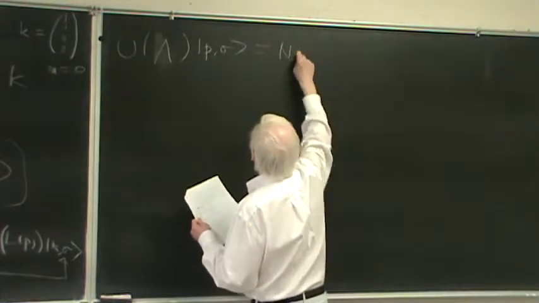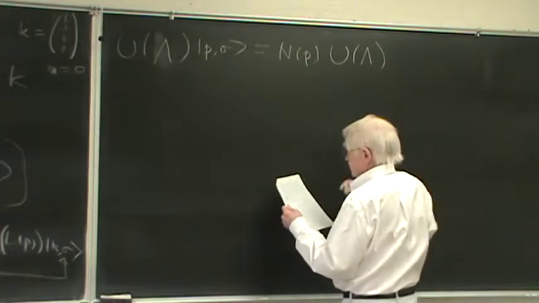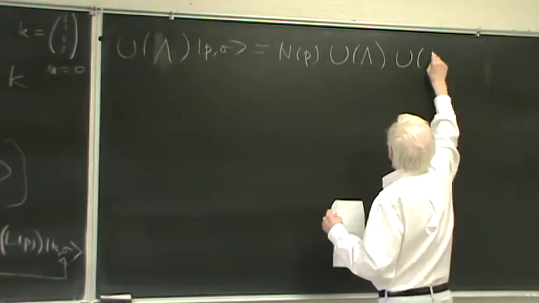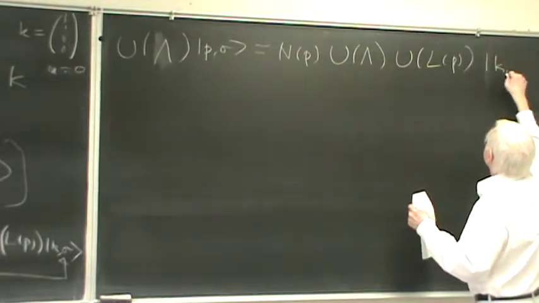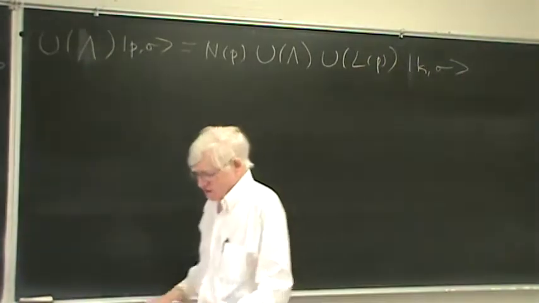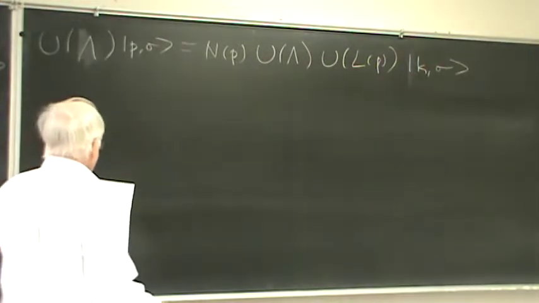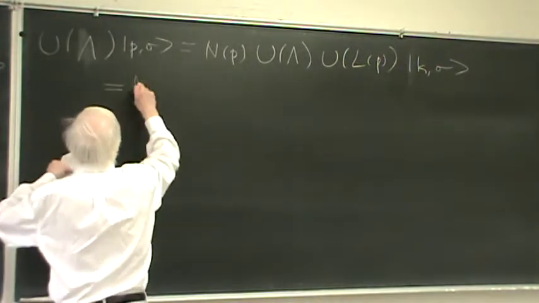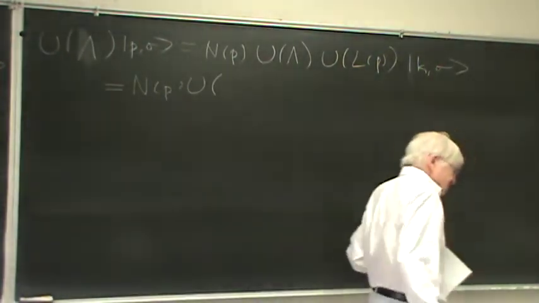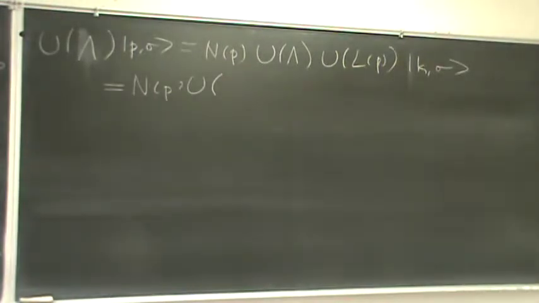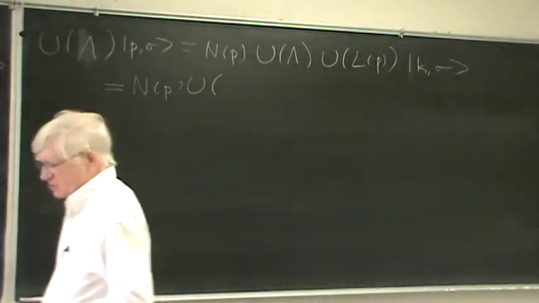So what is this? Well, it's the normalization factor for this state. Then it's u of lambda. And then we said that state was L of P on the state K sigma. So that's the way Weinberg has set it up. And so then this is N of P. These things are unitary matrices, and they form a unitary representation of the Lorentz group.